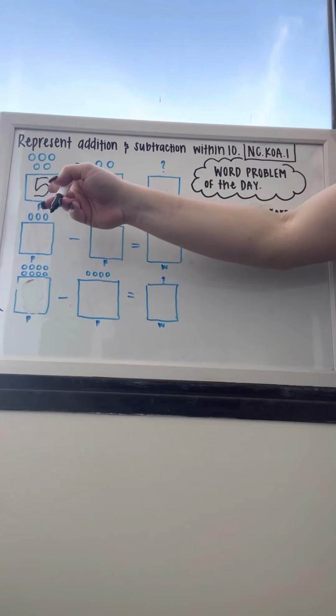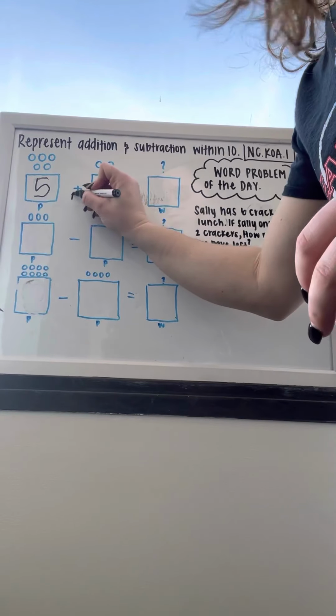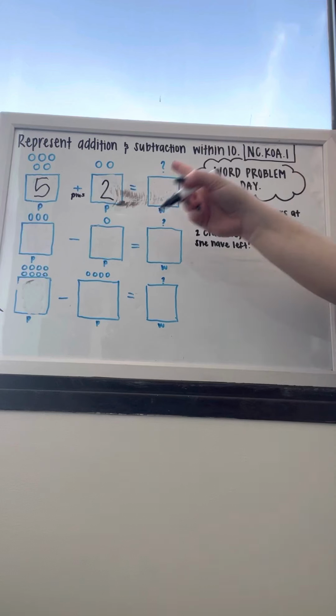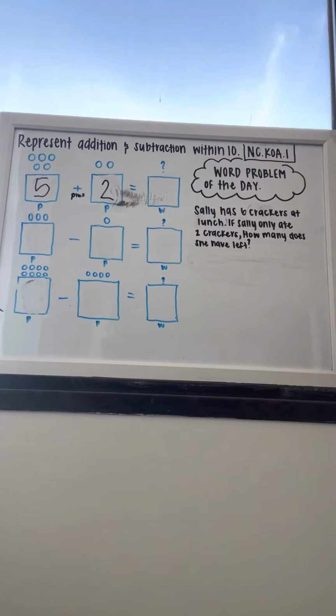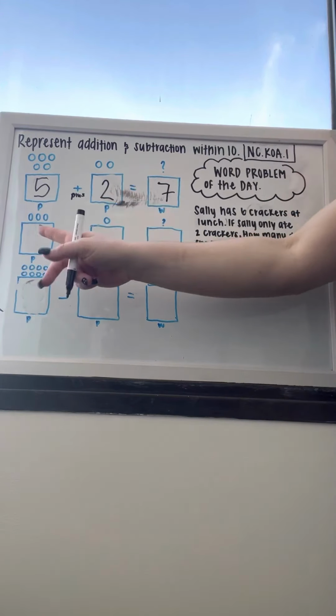So we have 5 plus 2 is equal to what? If I have 5 fingers and I add 2 to that, 5 plus 2 is 7. Good job. Okay, let's move on to the next one.